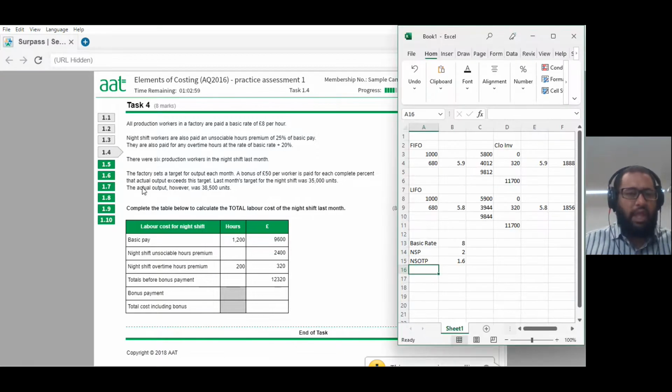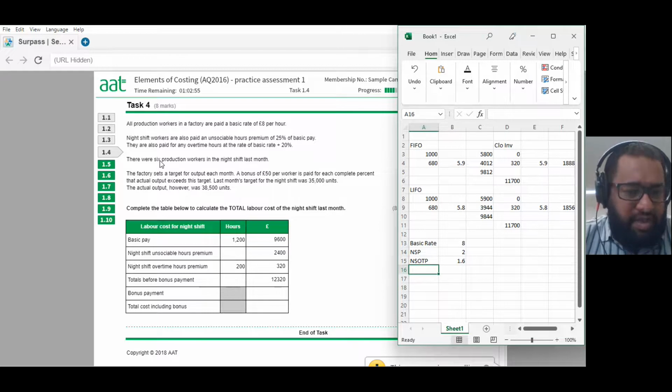So here they have said the factory sets a target of output each month. £50 per worker bonus is paid for each completed percent that actual output exceeds its target. Okay. So the last month target was 35,000 units. They have made 38,500 units.